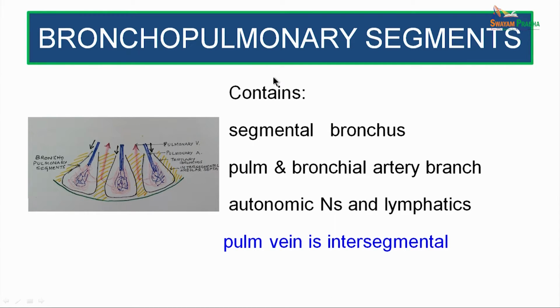So, to recapitulate, each of these bronchopulmonary segments contains the segmental bronchus, the pulmonary and the bronchial arterial branches, the nerves and the lymphatics which go along with them for each of the regions. So, each of them has its own arterial and nerve supply, but the pulmonary vein lies intersegmental. So, this explains how the bronchopulmonary segment is not a completely independent vascular unit.